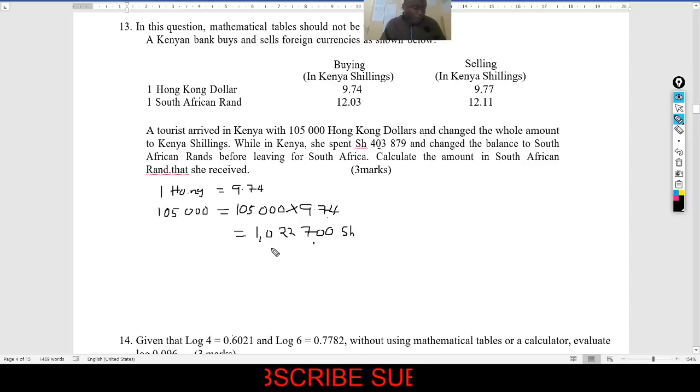Now what did he spend? In Kenya, he spent 403,879. So the remaining equals 1,022,700 minus 403,879.